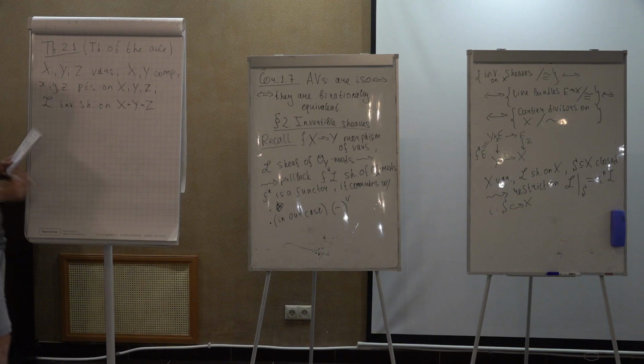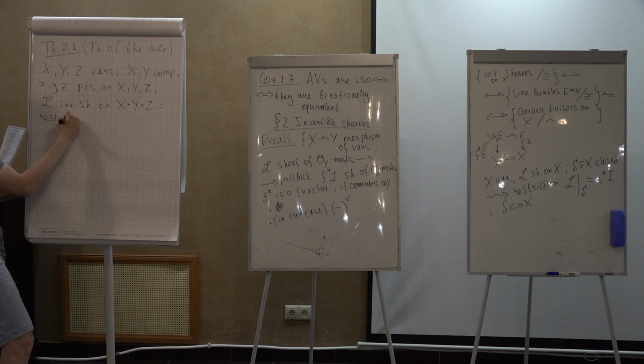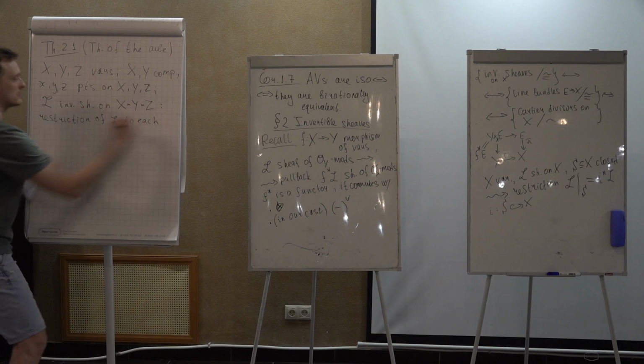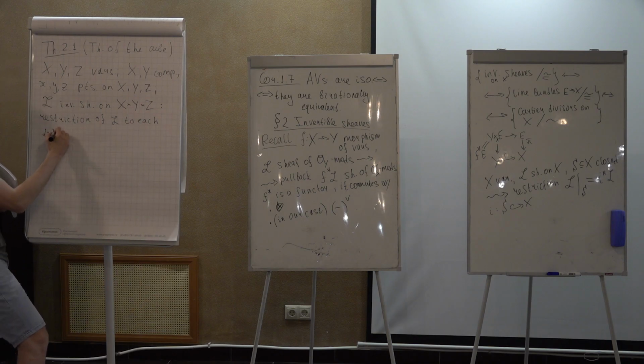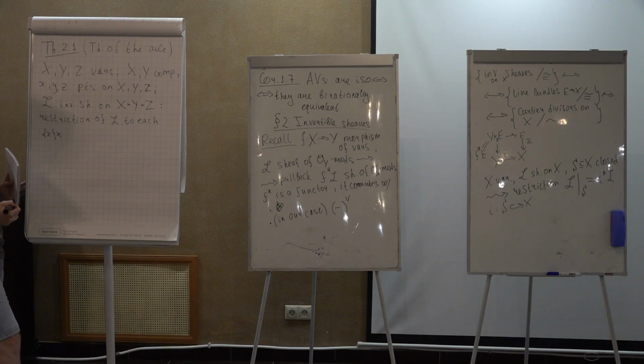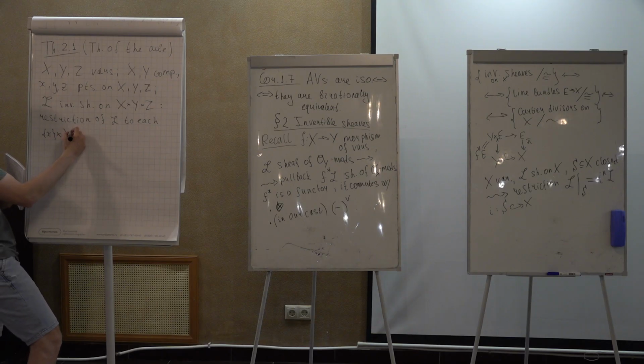And we assume that this invertible sheaf has this property. Its restriction to each subset of the form, restriction of L to each. So when I fix a point on one variety and restrict my sheaf to this closed subset, I get a trivial invertible sheaf.